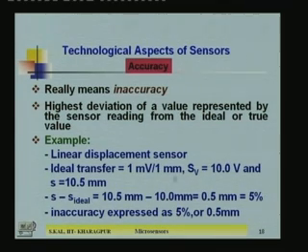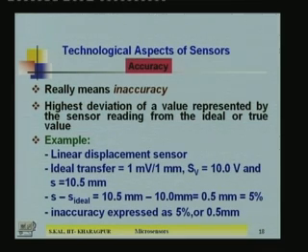An example is given here. For example, you are going to measure linear displacement, and the ideal transfer is 1 millivolt for 1 millimeter. That is, on application of 1 millivolt, the displacement is 1 millimeter.